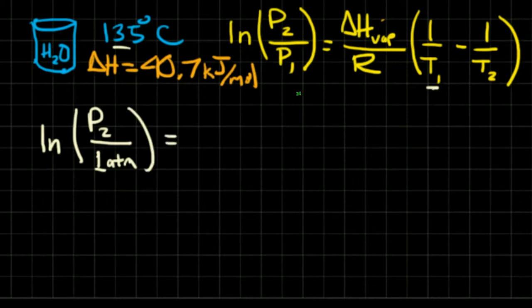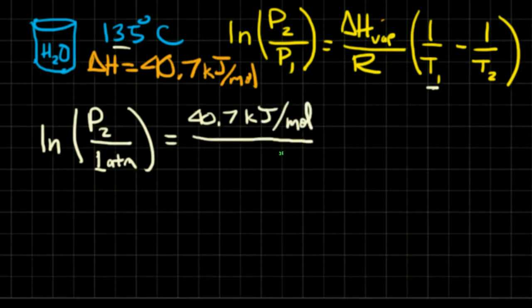All right, that's equal to 40.7 kilojoules per mole. Okay, and that mole's an important clue for which value of R you want to use here.